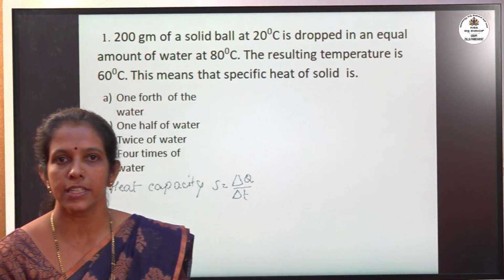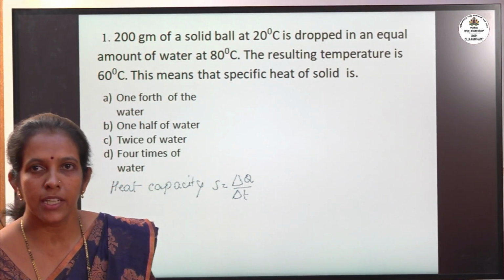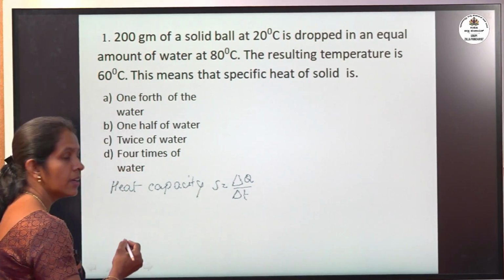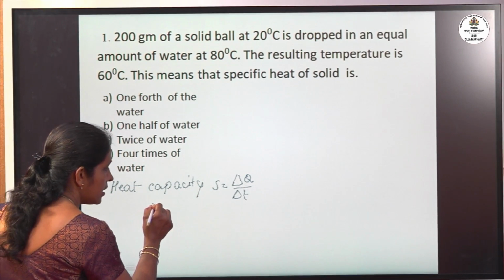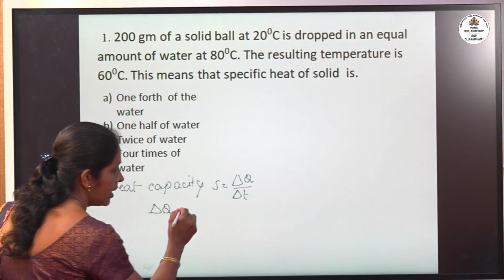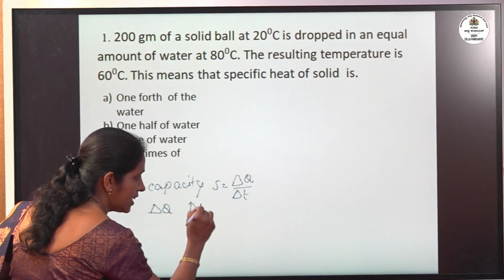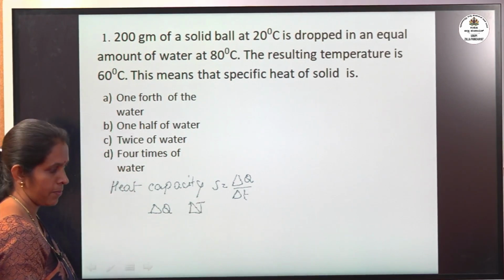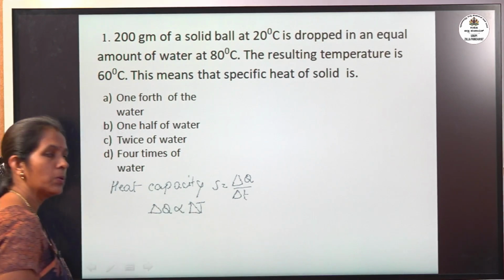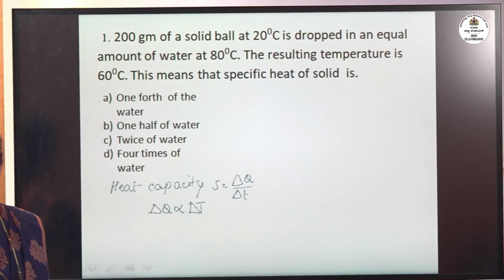We know that heat is a form of energy. When heat is given to a system, temperature increases. Say delta Q is the amount of heat supplied to the system, and delta T is the increase in temperature of the system. The increase in temperature is directly proportional to the amount of heat supplied to the system.